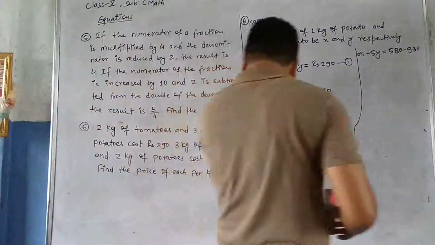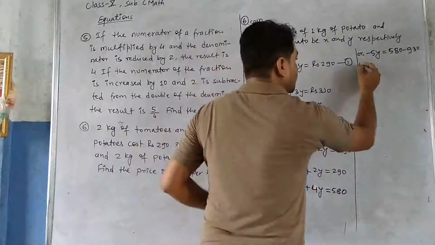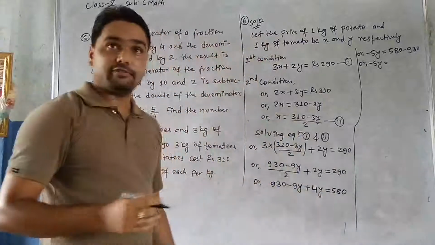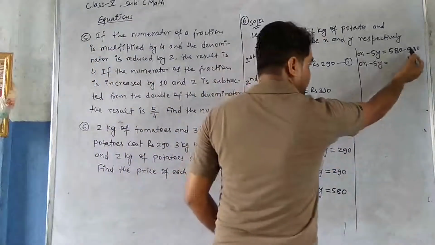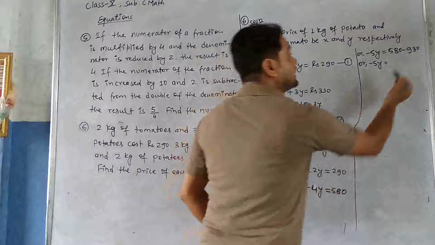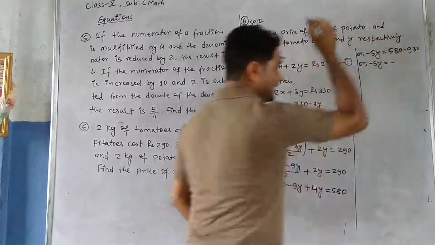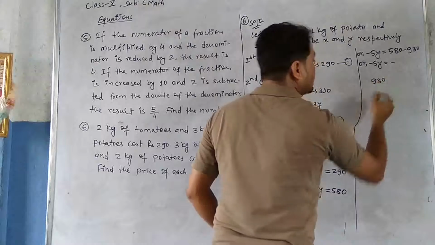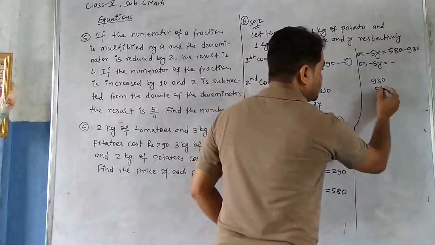Yes. Now after this, minus 5y equals what? Let's subtract at first. Yes, this 930 is greater, it has the negative side, so negative sign at first, and let's subtract this. 930 in the row, let's do 580.